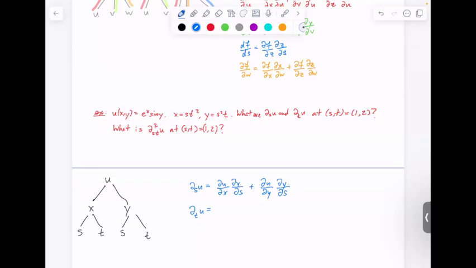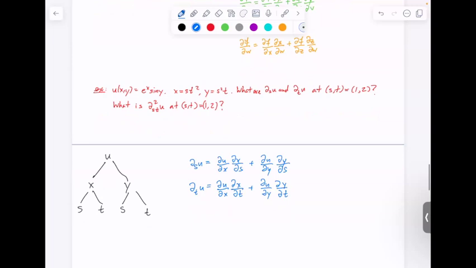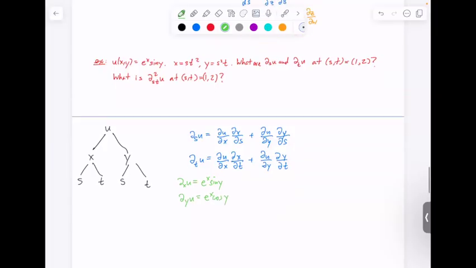So partial T of U is going to be this. Right, so let's just collect the terms. So maybe if we evaluate all these partials separately, we could just plug things in. So partial X of U, that's going to be e to the X sine Y. Partial Y of U is going to be equal to e to the X cosine Y. And then we have the various partials we need in X and Y. So we have partial S of X is equal to T squared.